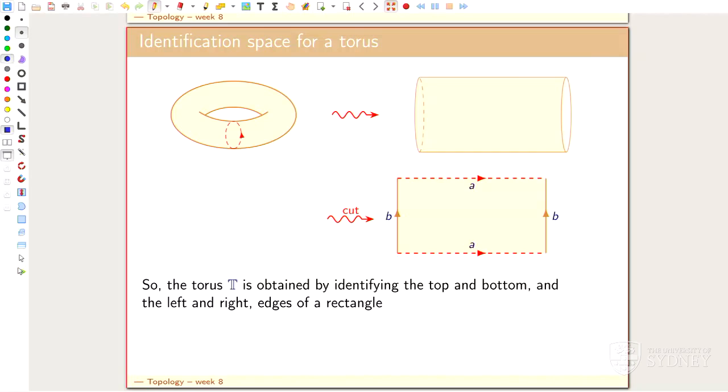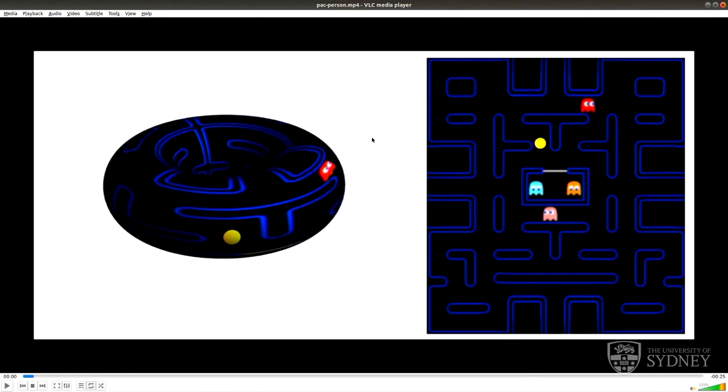Because what we have done here, we have identified A and A. So actually, if I walk out here, and you'll see that in an animation in a second, then you will come out in here again. So you can't fall off your surface because the edges are identified. And similarly, if you walk out here, you will come in here again. This is a very popular computer game, and it actually took place always on a torus.